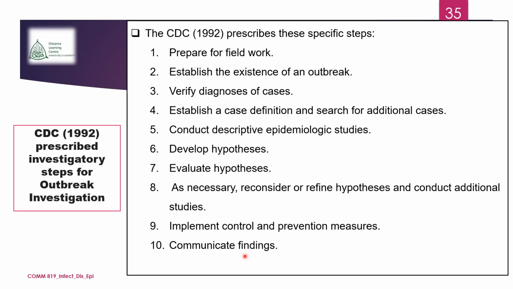Then you communicate your findings to the people that actually reported the case. You need to give them feedback. So these are the simple 10 steps involved in investigation studies. I don't need to go into detail about that, because even from the outline it is easy to understand.